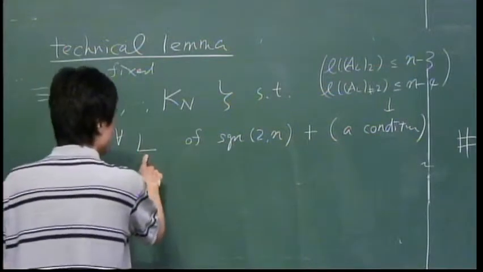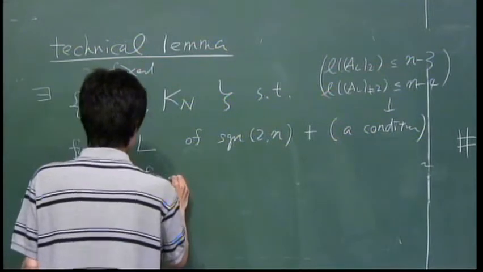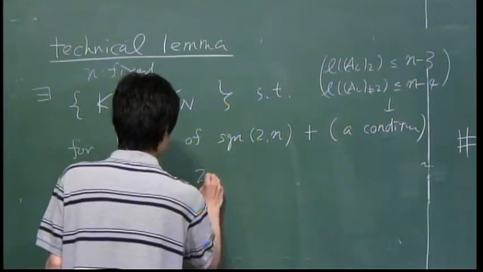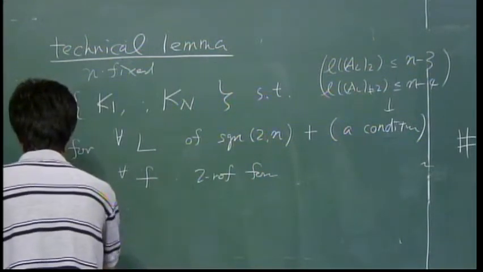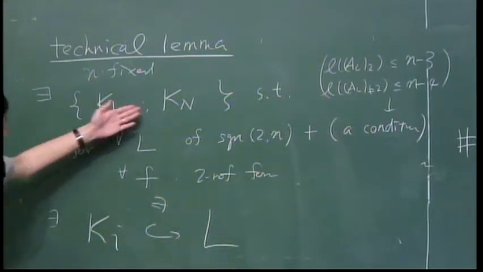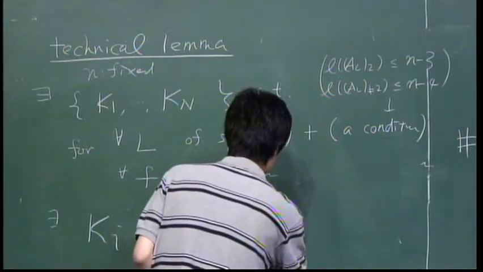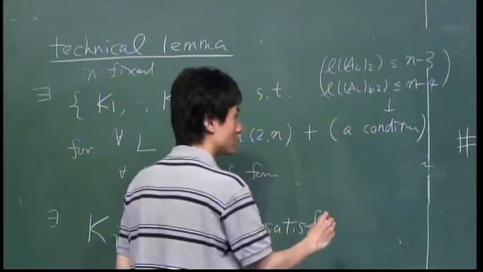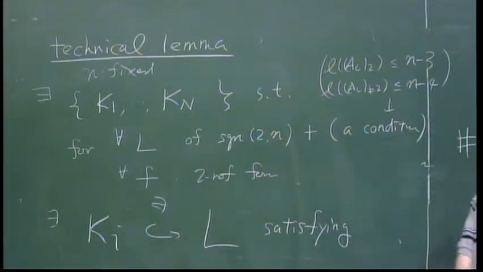So for any lattice of fixed signature plus such condition, and for any 2-reflective modular forms, there exists an embedding from some member of this finite pool into the lattice satisfying the genericity conditions.